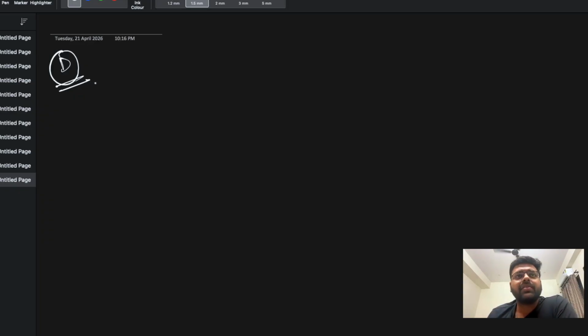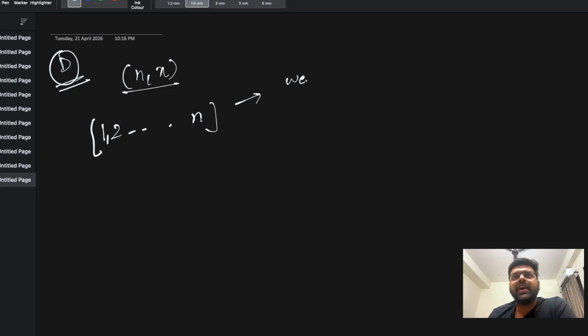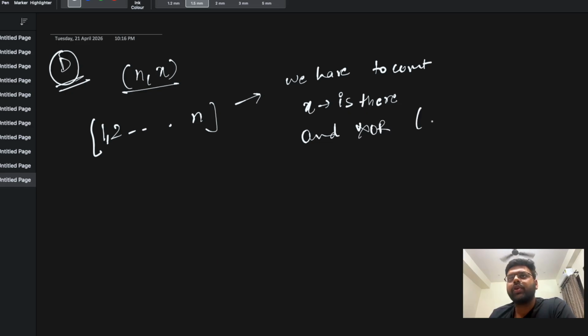So the problem statement is saying we are given two numbers n and x, and there is a sequence from 1 to n. What we have to do is count all the segments in which x is there and the XOR for that L to R is equal to 0.